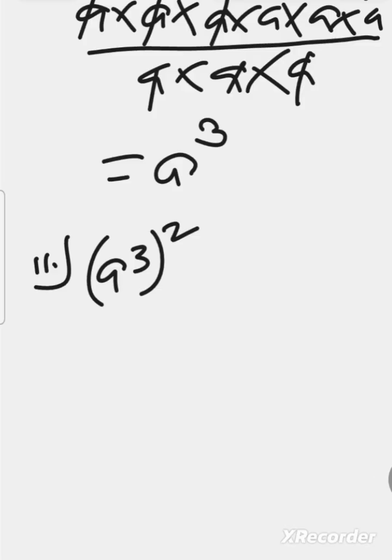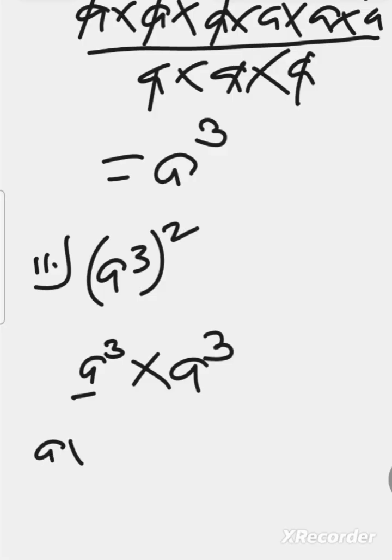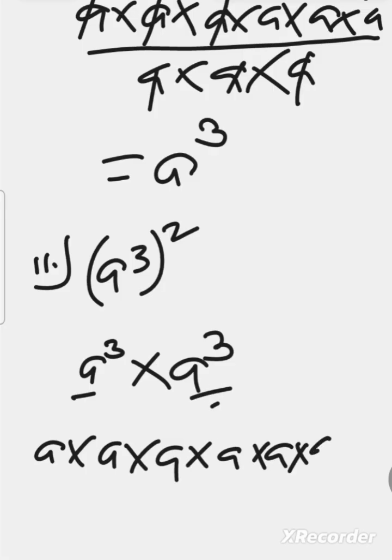This means a power 3 is multiplied by a power 3. This alone means a multiplied by a multiplied by a, and this one is also a multiplied by a multiplied by a. How many is that? 1, 2, 3, 4, 5, 6. So your answer will be a power 6.